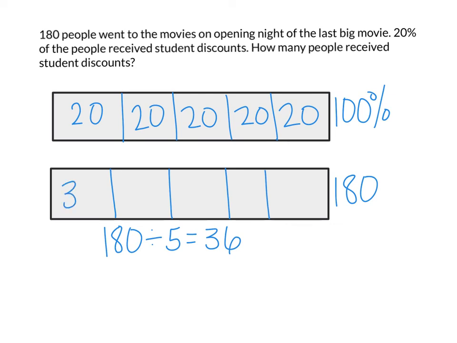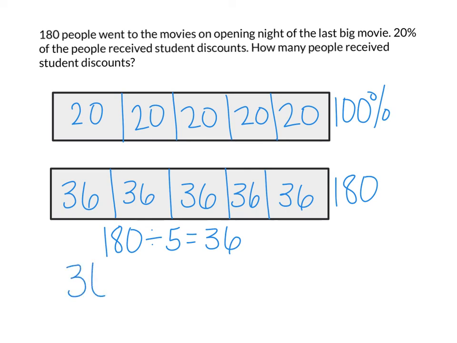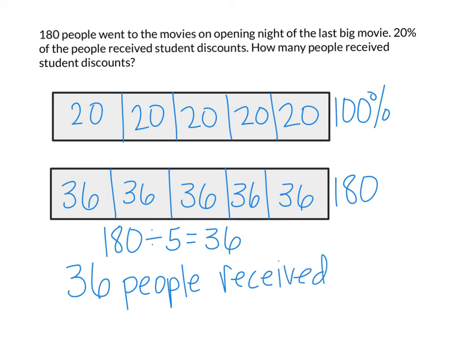So 20% of 180 is 36. You can easily see that represented here with a double bar model, which means 36 people received student discounts.